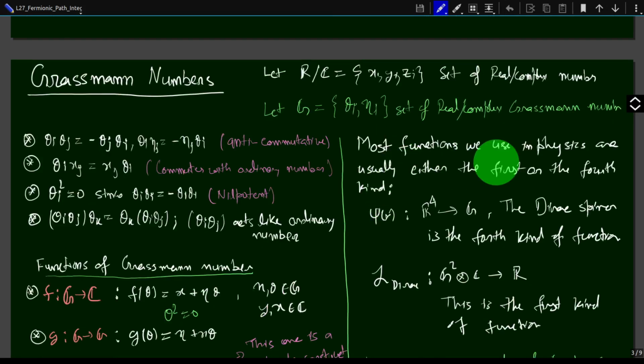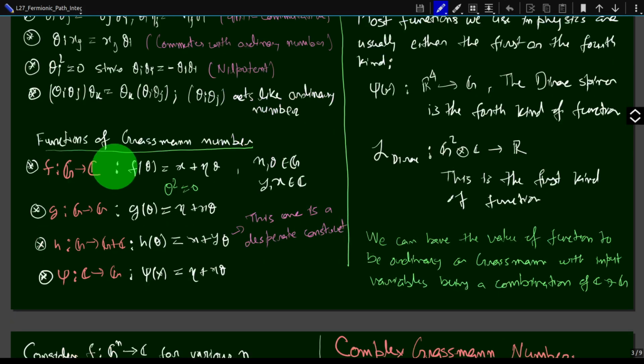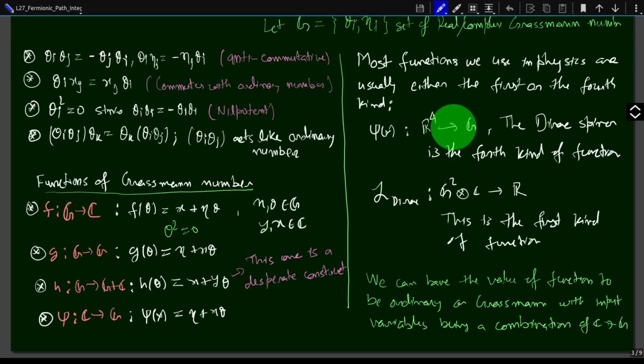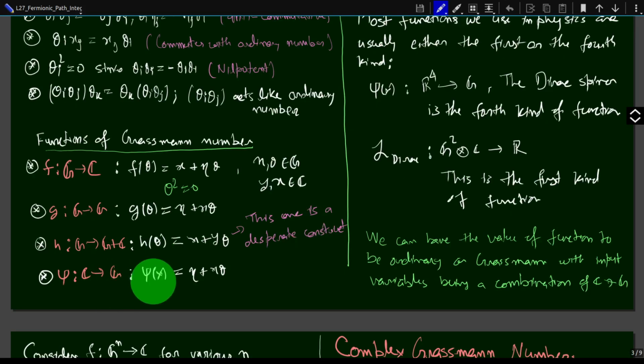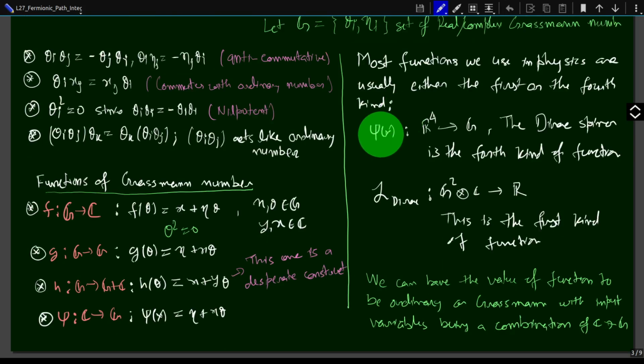But most of the functions that we use in physics are either of the first kind, where the variable is Grassmann but the return value is real or complex, or the fourth kind, where the return value is a Grassmann number but the input variable is real or complex. For example, the Dirac spinor is mapped from R to the power 4, a 4-dimensional real number, which is the value of x mu, to a Grassmann number.